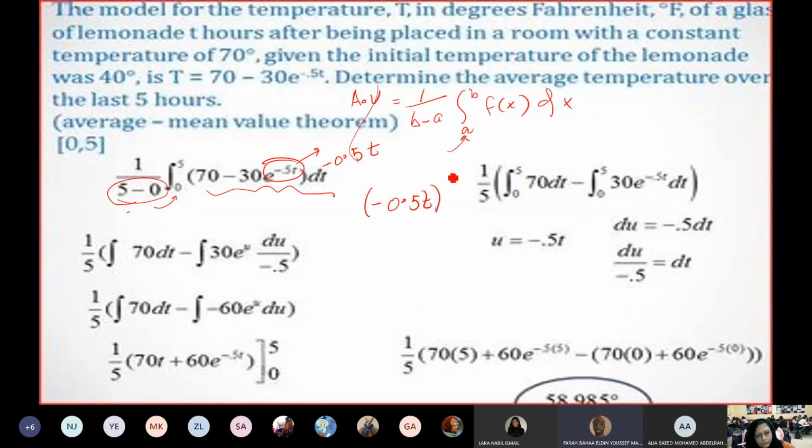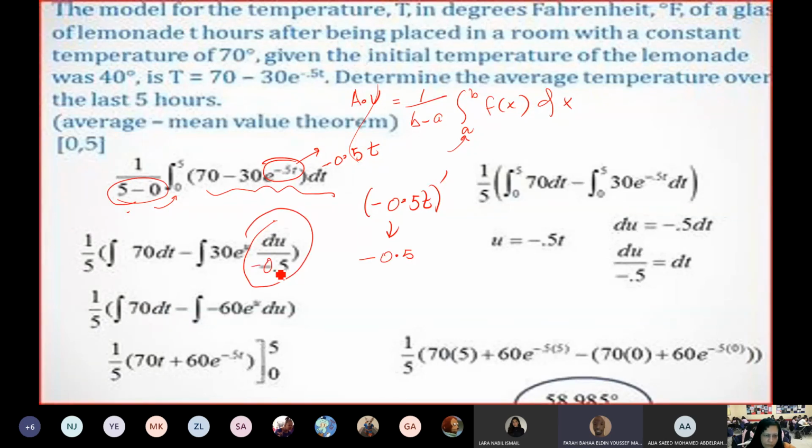Our du is negative 0.5 dt. If we want to find dt, we bring the negative 0.5 to the other side, so dt will equal du over negative 0.5. Our next step is to replace dt by du over negative 0.5, and put an integral sign in front of each term, which is the sum and difference rule.